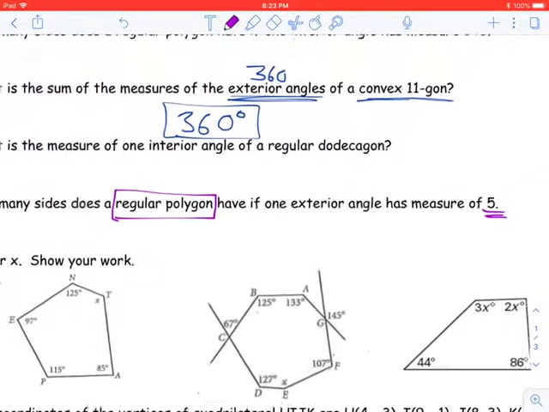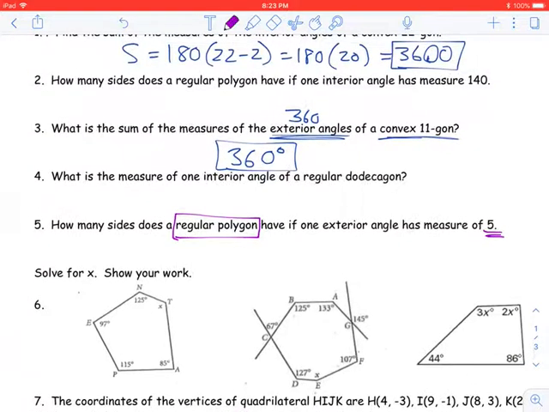So remember, if it's an exterior angle of 5 degrees, that means this exterior angle of whatever polygon it is is 5 degrees, which makes this 175. So if that's the case, we need to figure out how many sides there are. I didn't really need this information over here, but that's just for future reference.